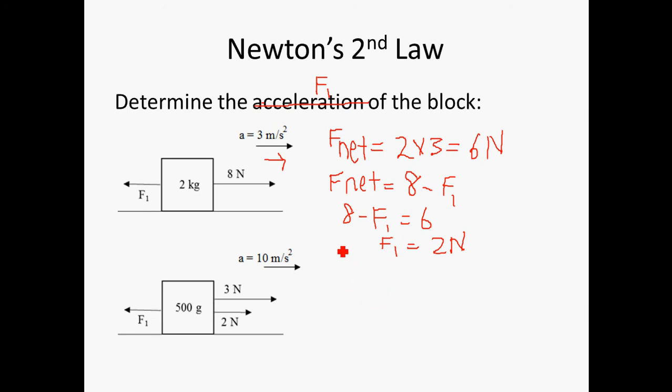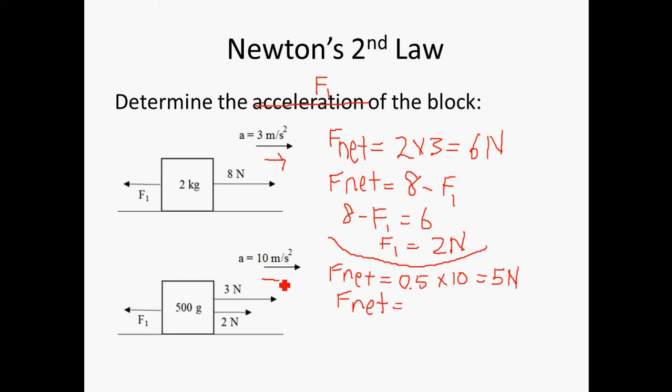Okay, so now I expect that you have already solved this and you have restarted the video. So again, you can use F net equal ma to find the first expression. So you're going to get 0.5, be careful, this is in kg, times 10, which gives you 5 Newton. All right, so the other expression will be F net is equal to, again, do you use the right or left?